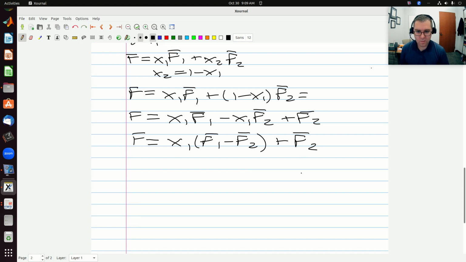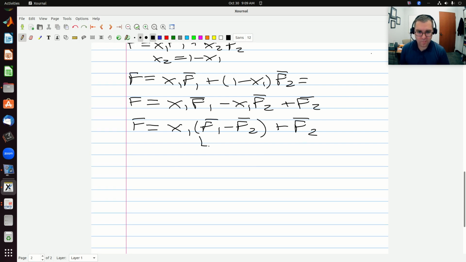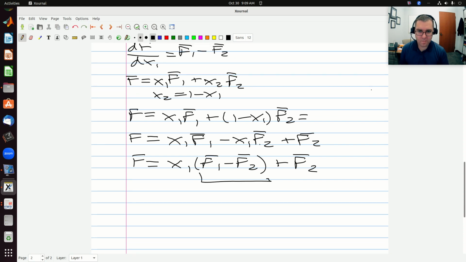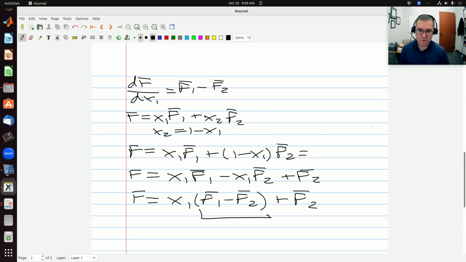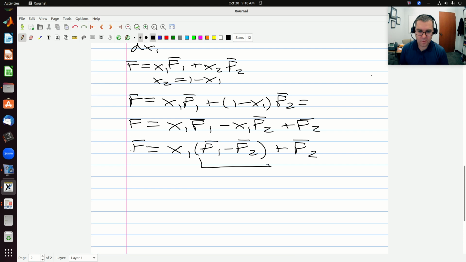Well, f-bar 1 minus f-bar 2 is equal to df/dx1.